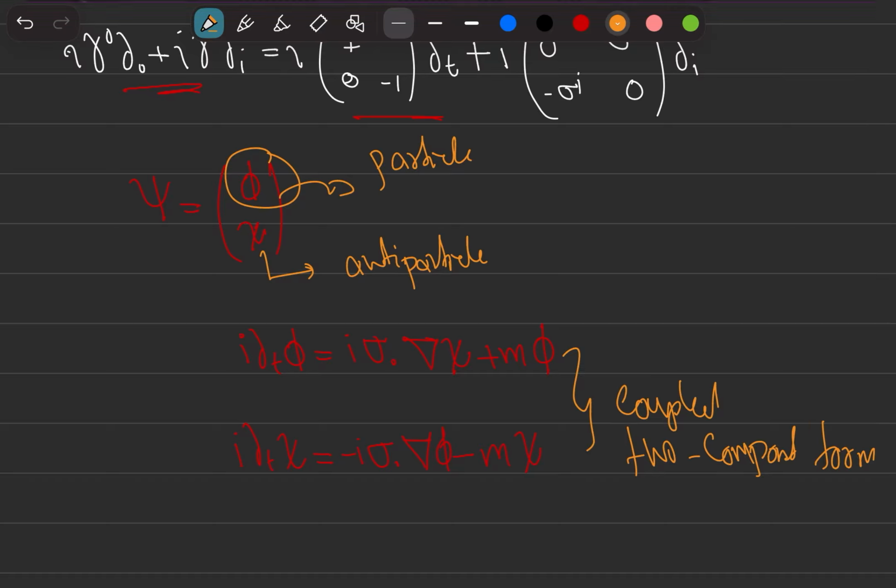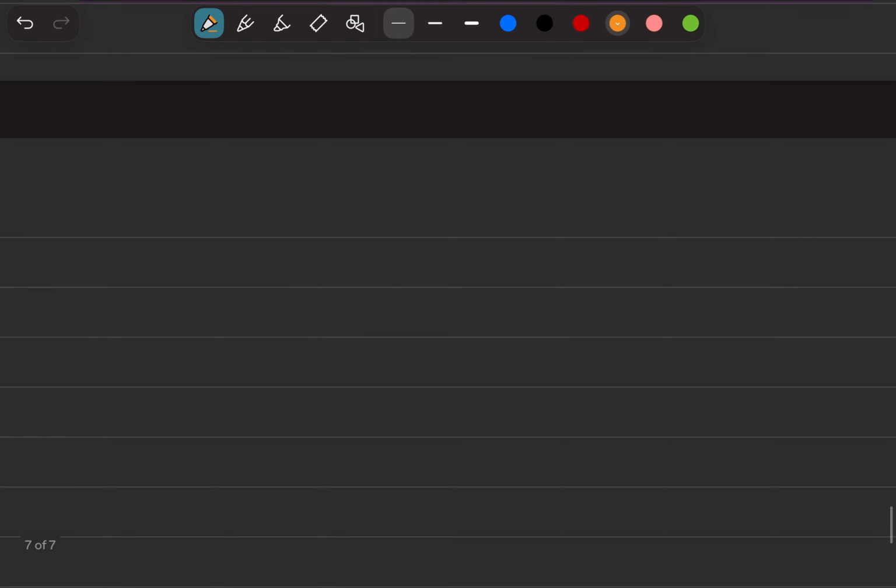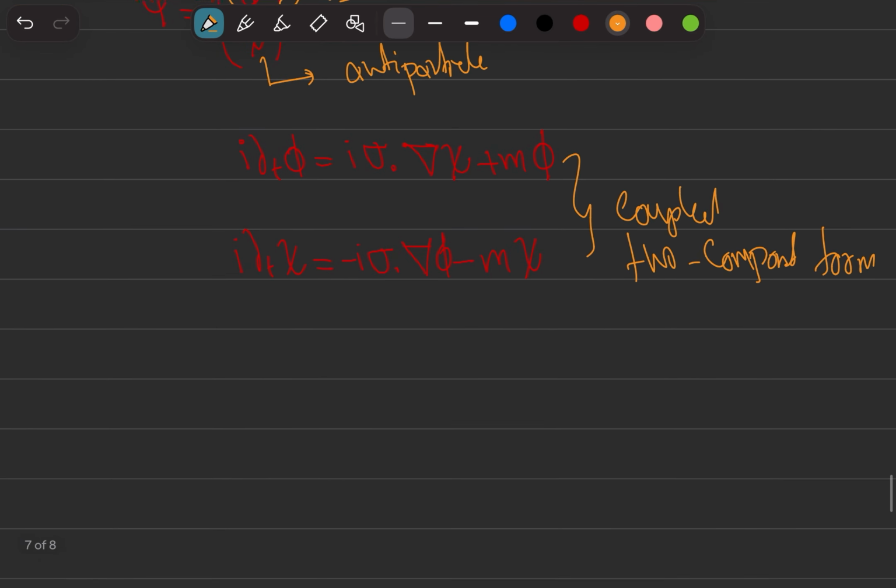And now what we are going to do is back our claim. Remember that the way that we derived the Dirac equation was by demanding that we want an equation which should be the square root of the Klein-Gordon equation. So let me just go ahead and prove to you that the Dirac equation in fact is the square root of the Klein-Gordon equation, by simply multiplying it with itself and getting the Klein-Gordon equation.